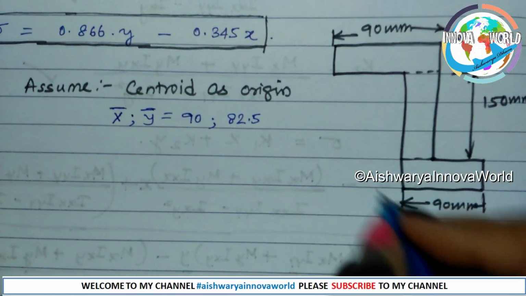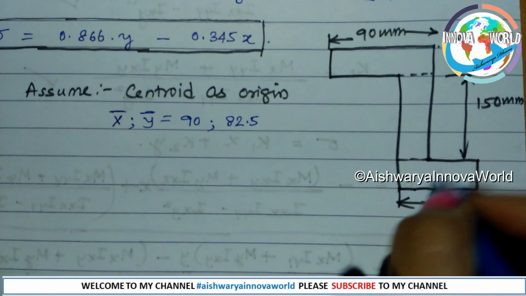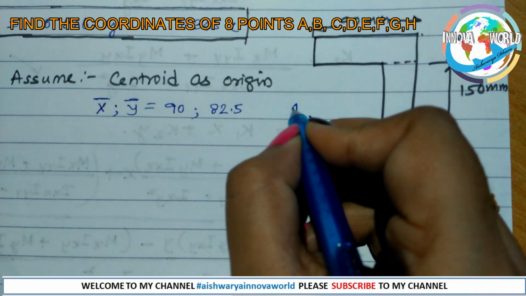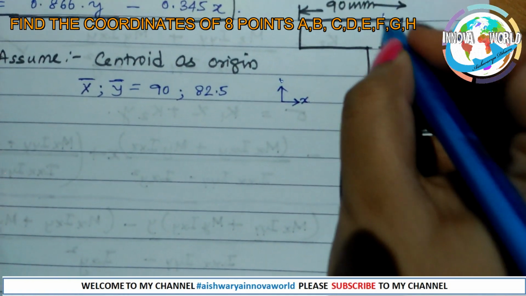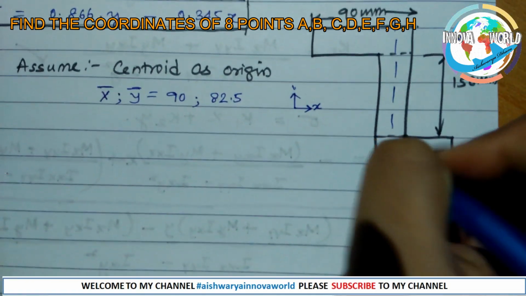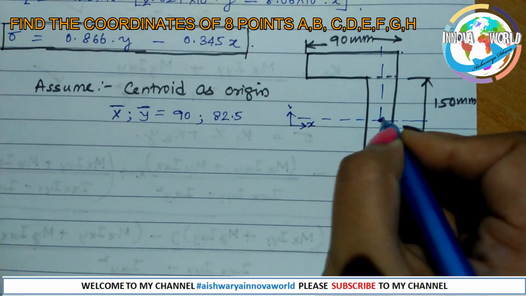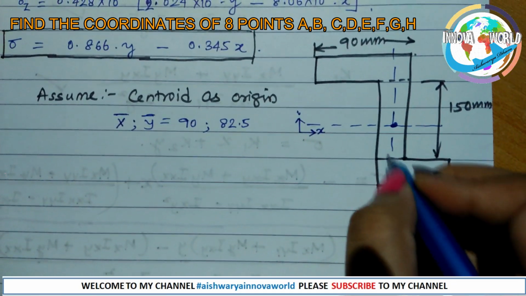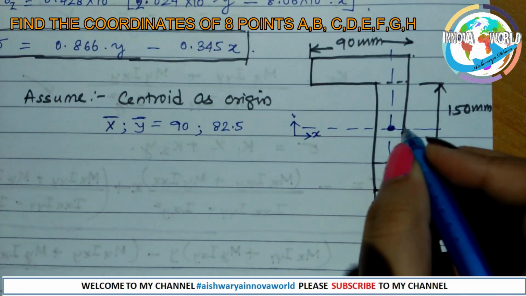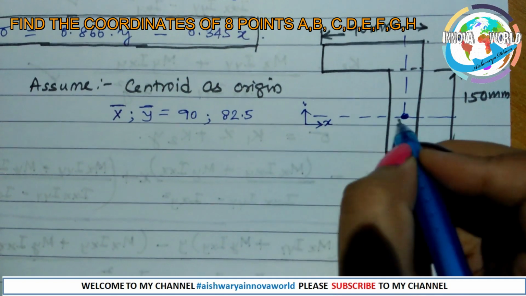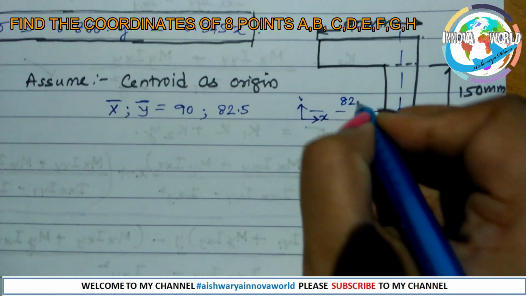That means, if you take it like this, from here it is 90 and in the y direction it is 82.5.